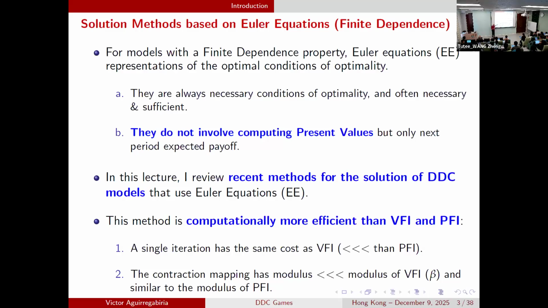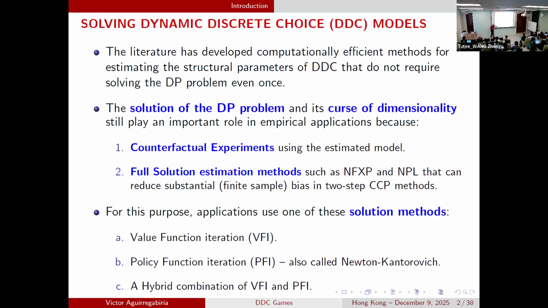The combination of these two features is going to make this Euler operator computationally more efficient than both value function iteration and policy function iteration, and of course any linear combination of them, if you want, such as policy function iteration or Newton-Kantorovich, which is this hybrid method. They can be seen as linear combinations.